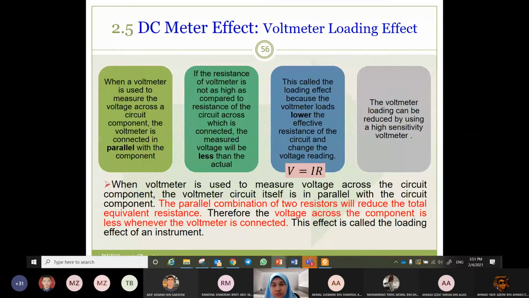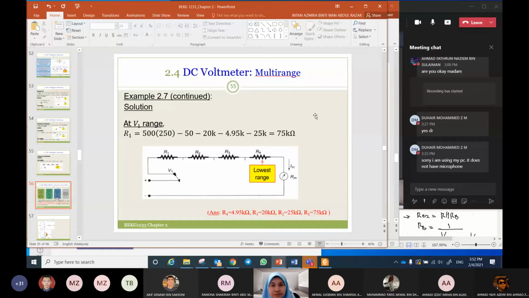So the equivalent R becomes lower, right? Let's say, but this is not practical, the R that we want to measure is 10 ohm. The internal R in the voltmeter is 10 ohm also. So what is the equivalent R now?